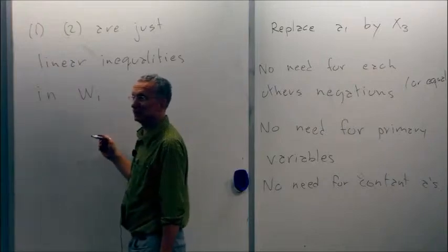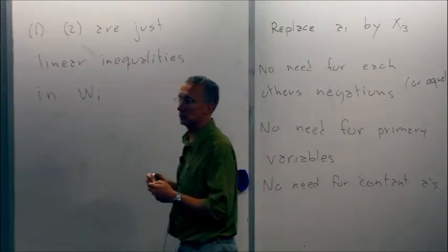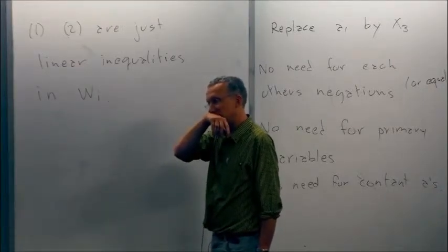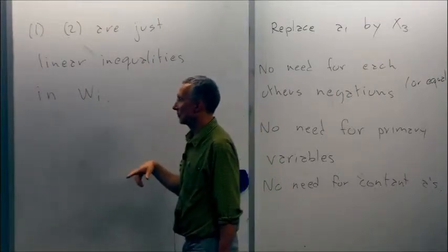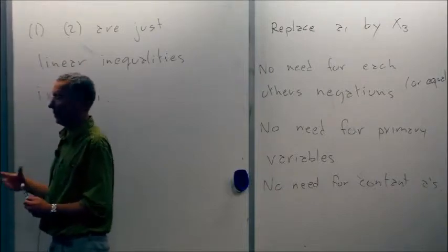I kind of see it for 2, because if you give me the x's, I can write down a linear inequality for everything, but this existential quantifier bothers me.